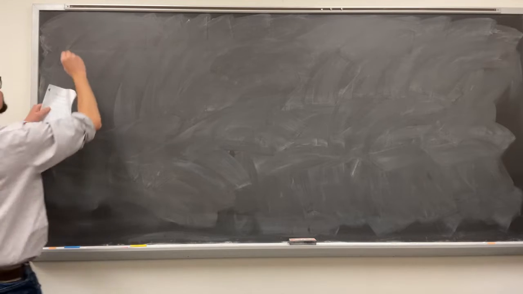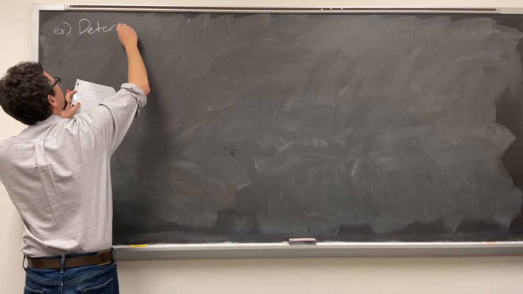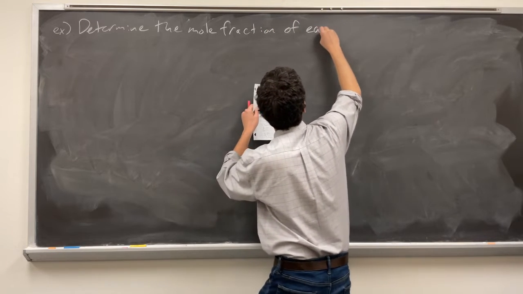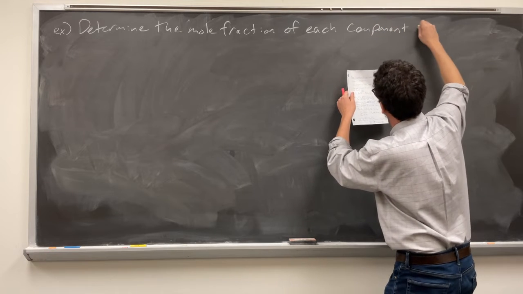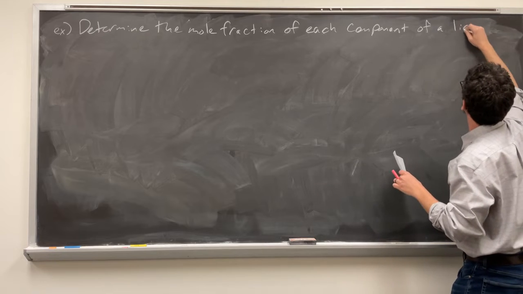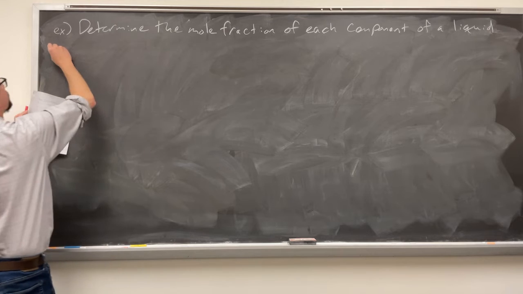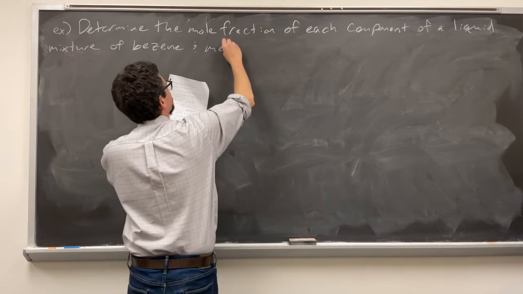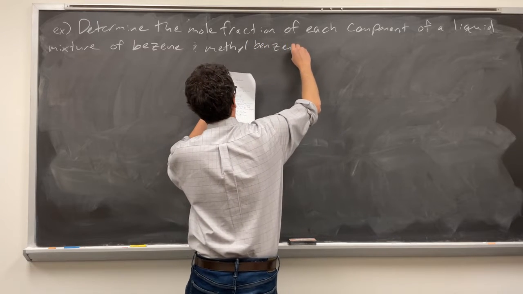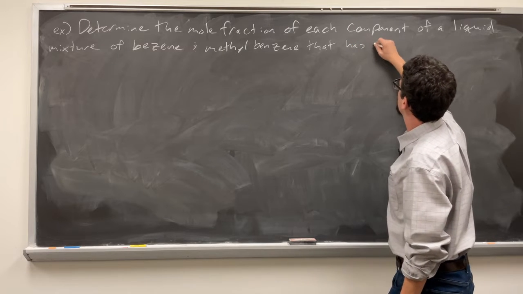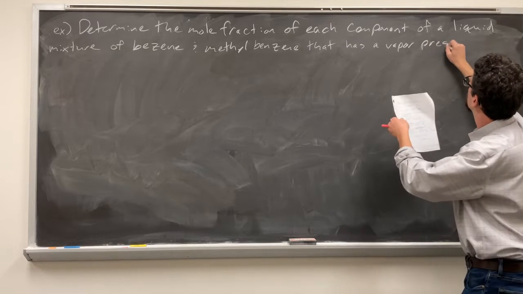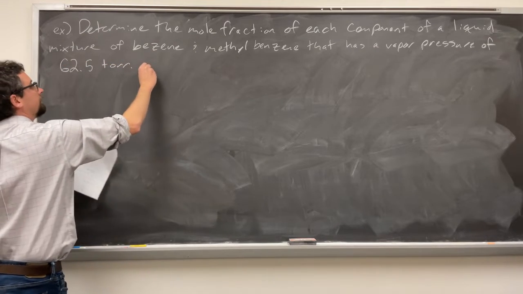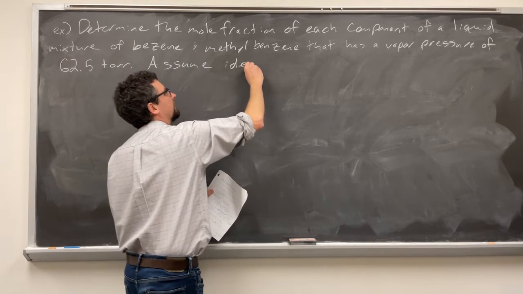Example: determine the mole fraction of each component of a liquid mixture of benzene and methylbenzene that has a vapor pressure of 62.5 torr. Assume ideal behavior.